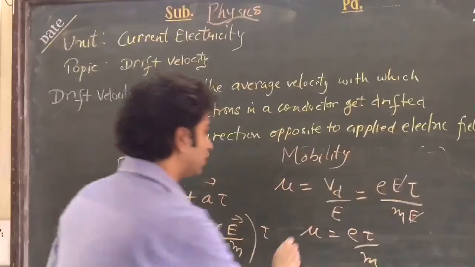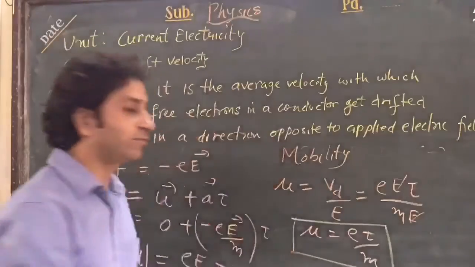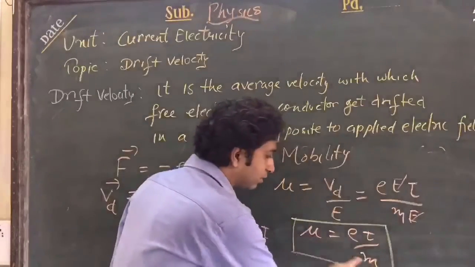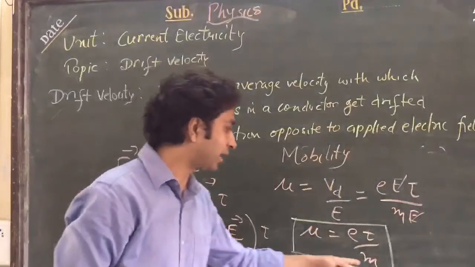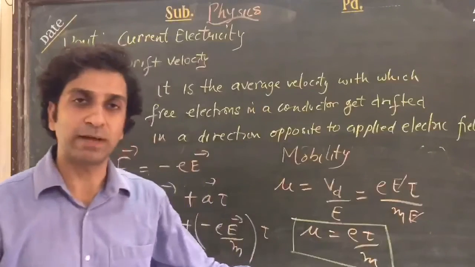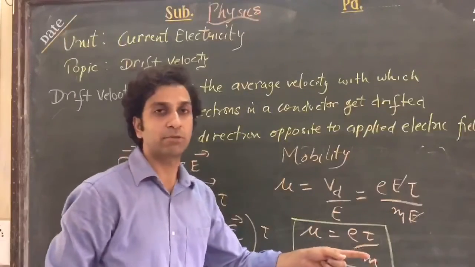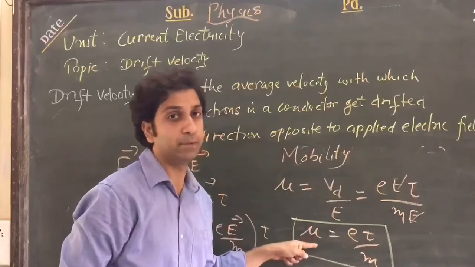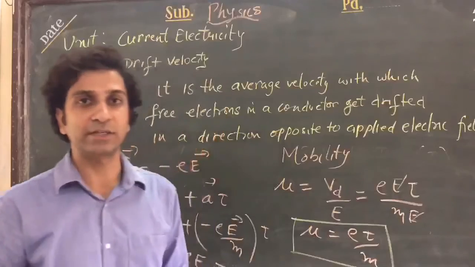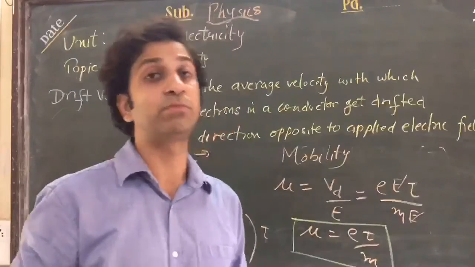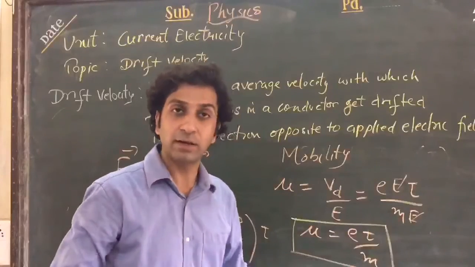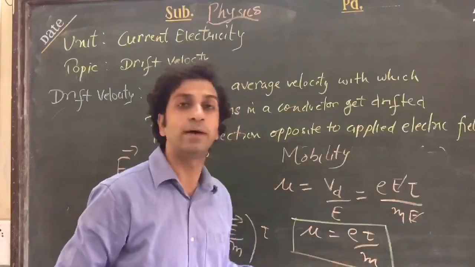This is the expression for mobility, and you can see that it is inversely proportional to mass. Electrons have less mass as compared to protons or positively charged particles, so the lesser the mass, the higher the mobility. That is why we say electrons are more mobile than positively charged particles, and we can verify mathematically that it is inverse to the mass m.